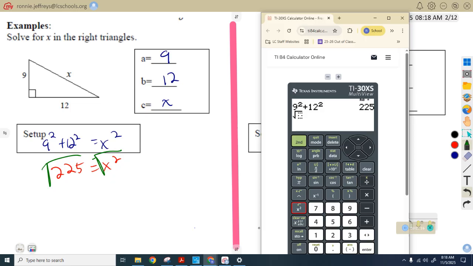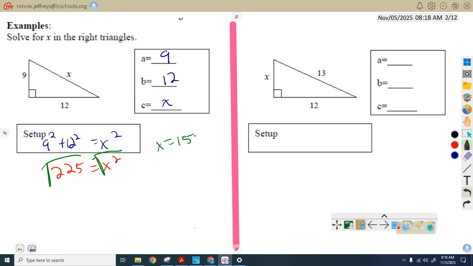You can type in 225, or you could pull a Jeffries move and hit second and the negative, and it will copy and paste that answer in for you. So x equals 15.